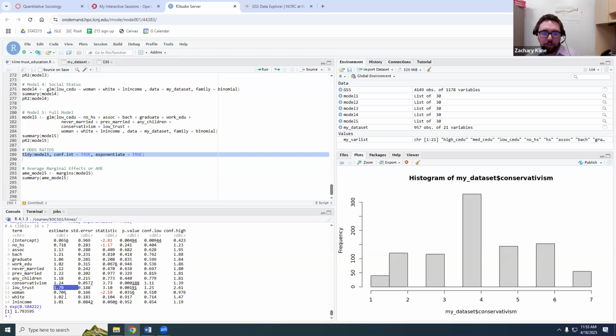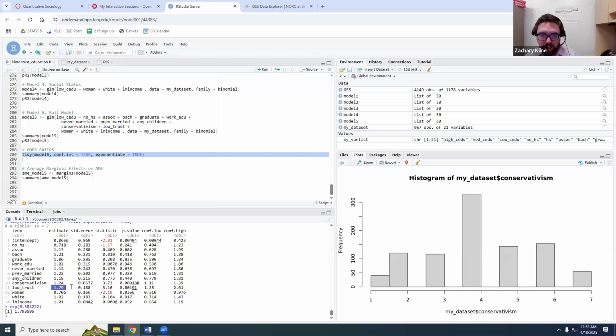Okay, so what this tells us here is, if someone did not have low trust, they had odds of 1, and this would be the odds of having low confidence in education for someone with low trust. So that's the mathematical interpretation of it. How do we interpret this in simple sentences?